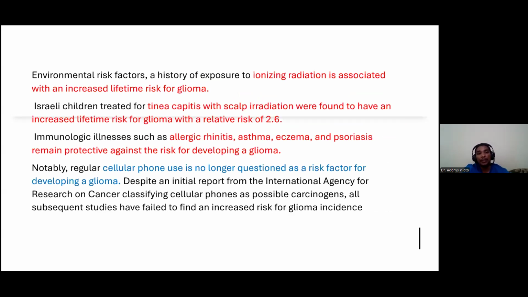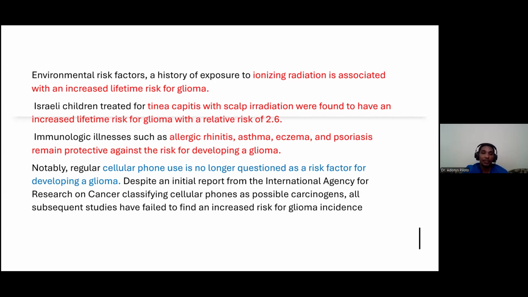Some environmental risk factors have been identified: a history of exposure to ionizing radiation is associated with an increase of lifetime risk of glioma. Israeli children treated for tinea capitis with scalp radiation were found to have an increased lifetime risk for glioma, with a relative risk of 2.6.